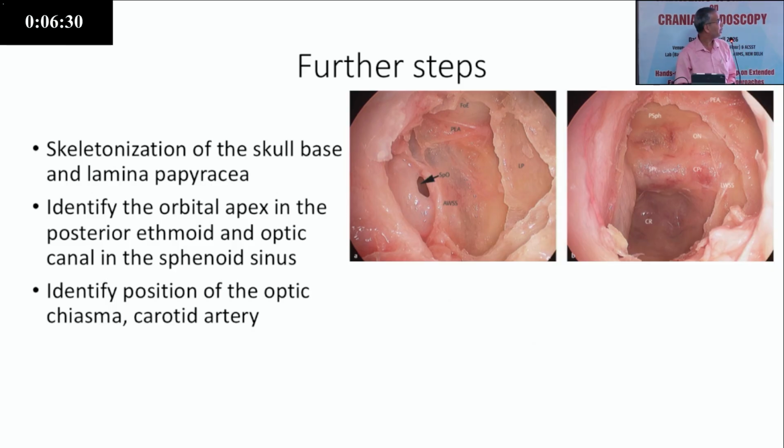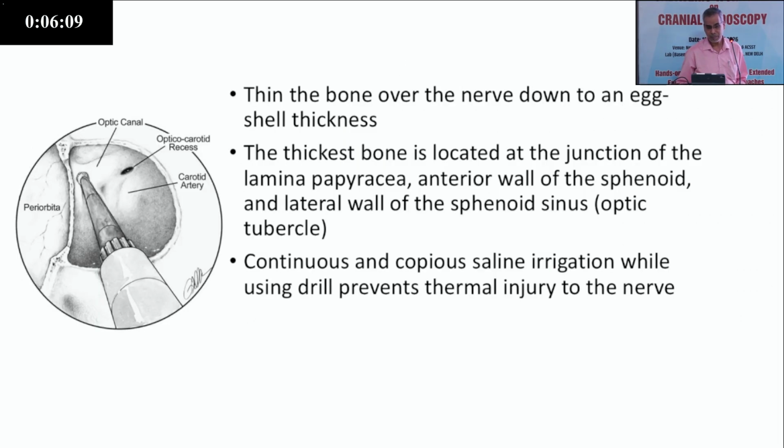Also skeletonize the skull base and the lamina papyracea, which we talked about. Identify the orbital apex in the posterior ethmoid and the optic canal in the sphenoid sinus. Can you see this? This is the sphenoid sinus and this is the optic canal. And then you start thinning the optic canal.